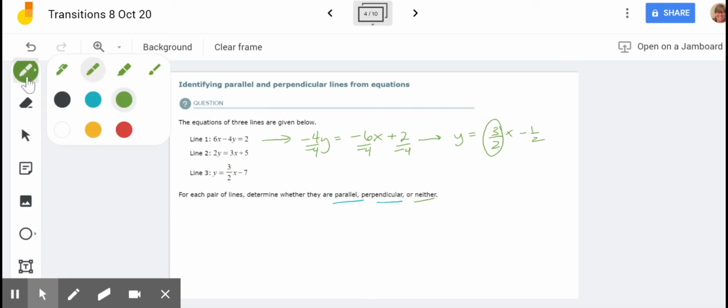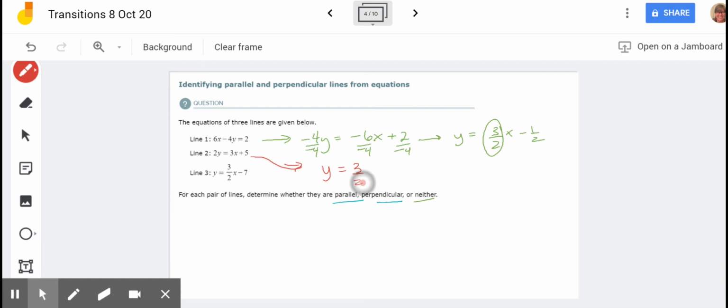Okay, look at line 2. In line 2, we're going to change that to y equals mx plus b by dividing by 2. Okay, so there's the slope. Wow, they all have 3/2. They are all parallel. Now, they're probably going to say like line 1 and line 2, and you would say parallel.